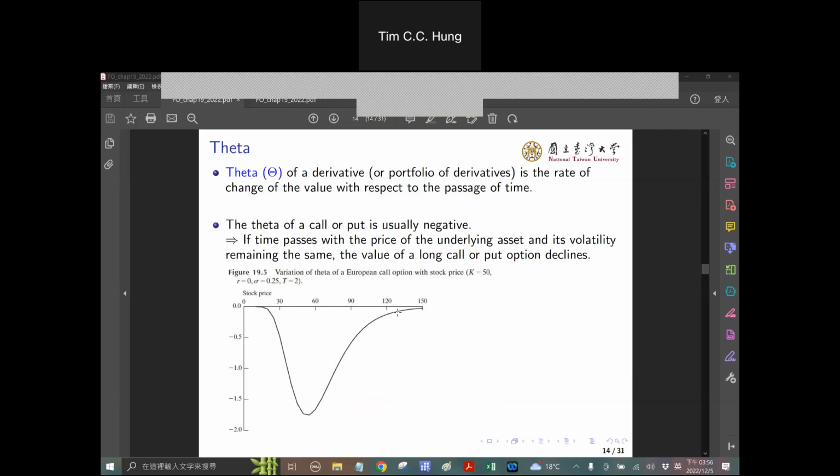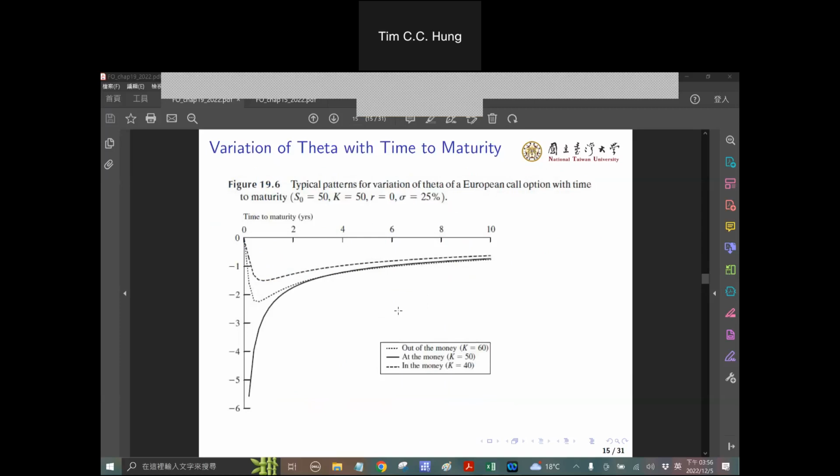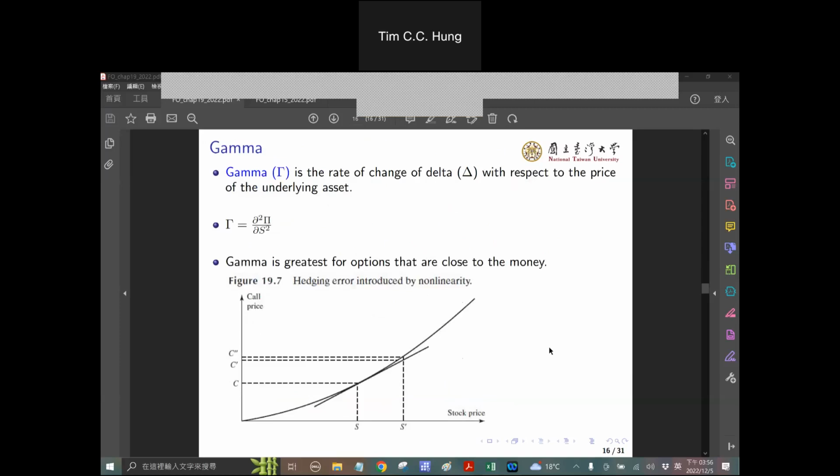Theta of a call or a put option is usually negative, because when there's a passage of time, there's usually a decrease in value of the call options or the put options, because most of the value of call and put comes from its time value, which means that when there's less time remaining, they will usually shrink in value. That is theta. You can take a look at these properties about theta. I don't think we have to discuss too much about theta.